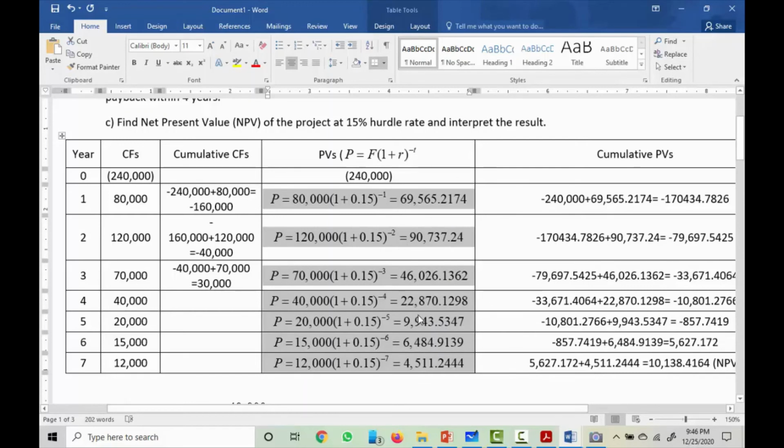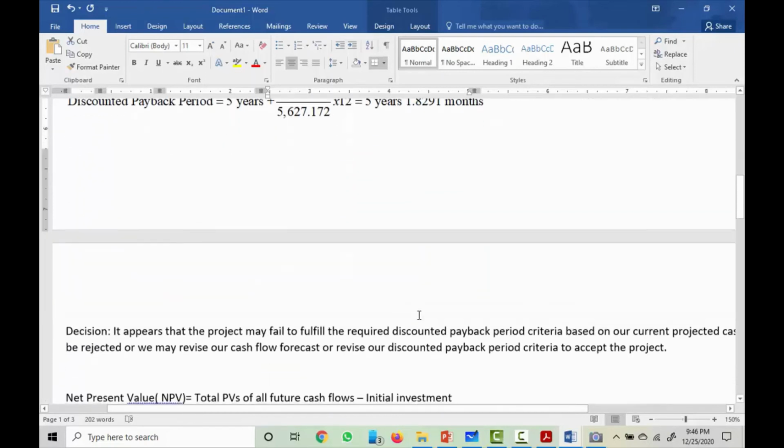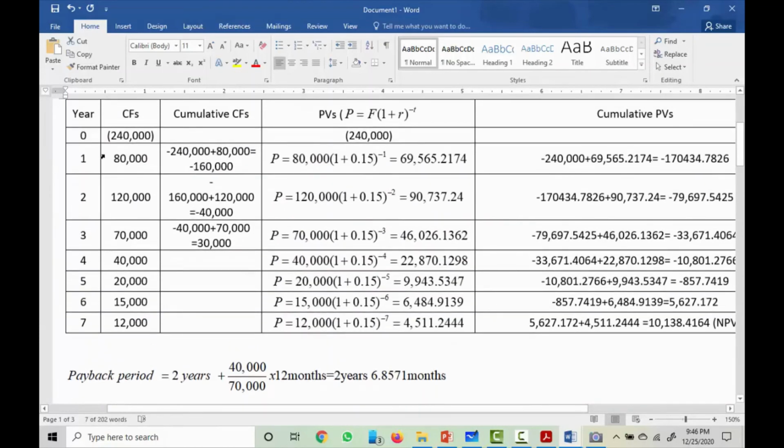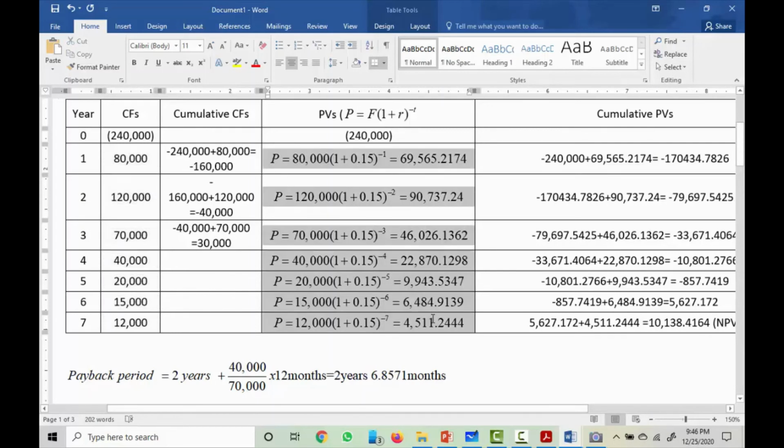Then we need to add all these present values and deduct the initial investment.